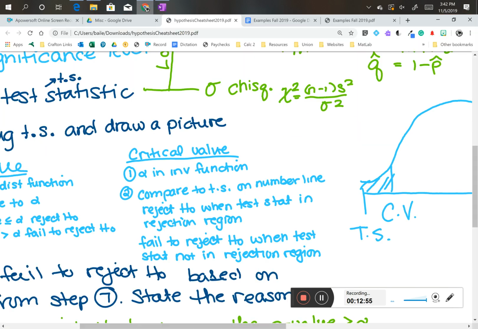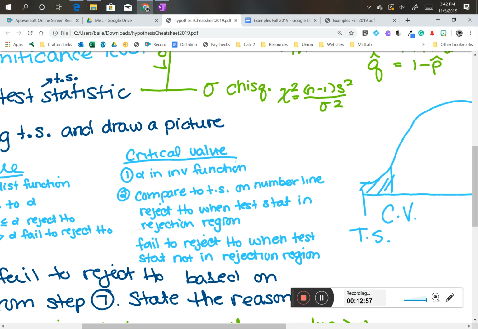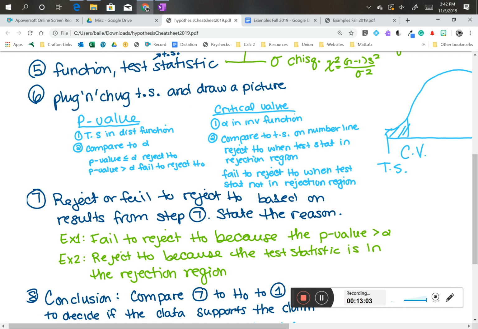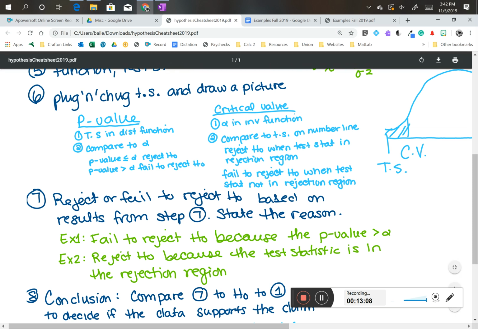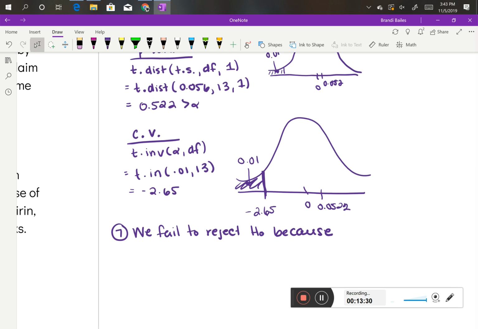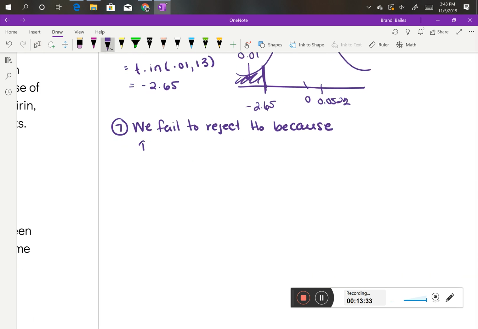So step 7 is just formally writing that down. Step 7 is either reject or fail to reject H0 based on the results from step 6. So step 7, we fail to reject H0 because, usually you list one reason because you've done one of these tests, but in this case we did 2, so we'll go ahead and list them both.